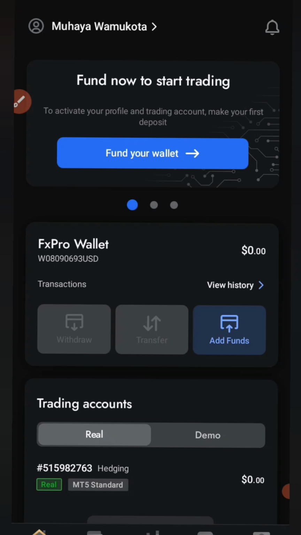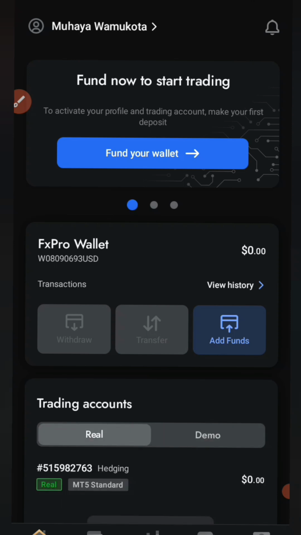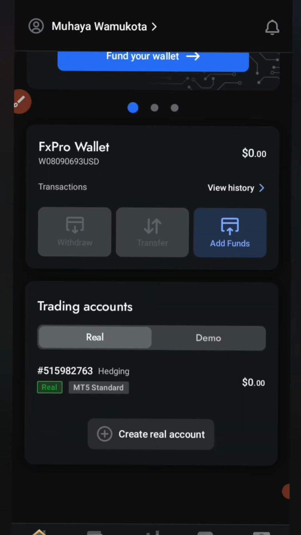Now if you want to fund your wallet, you can add funds to your FxPro Direct, then start taking Forex trading. Now to fund your wallet, you can click on add funds here, and this app will direct you to funding methods. For example, we have different methods that you can deposit money to your FxPro Direct.